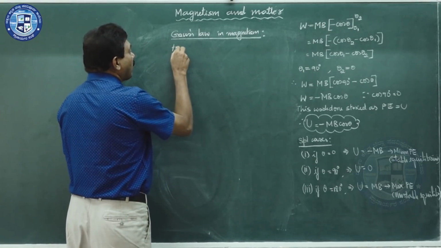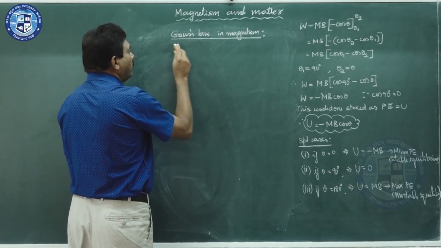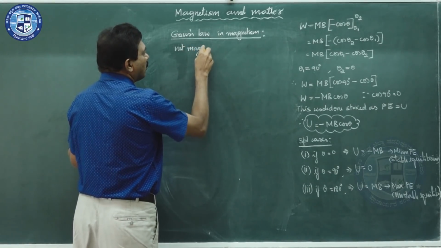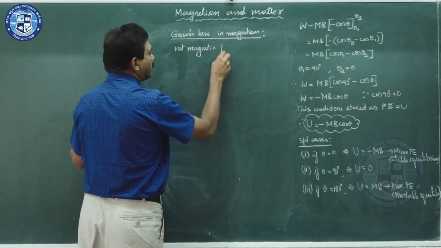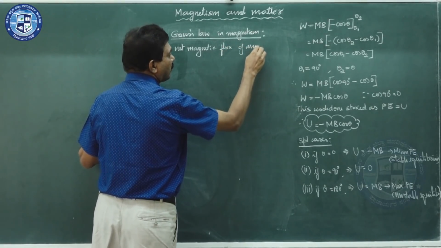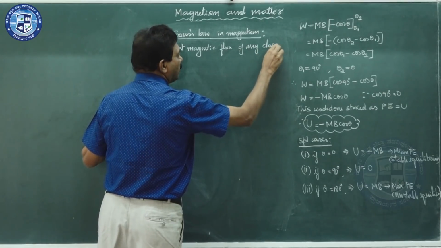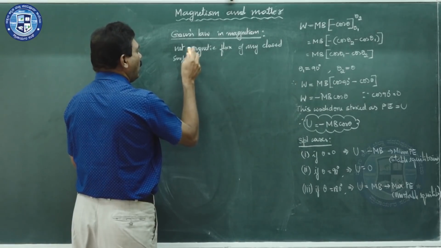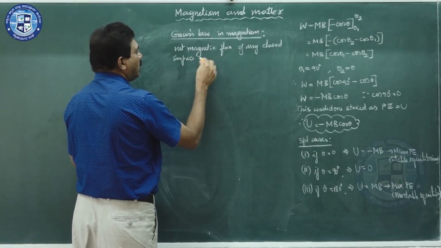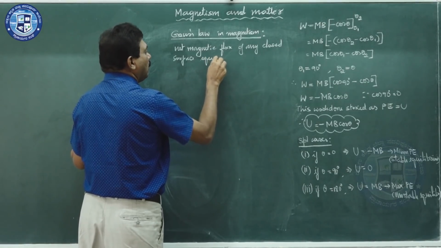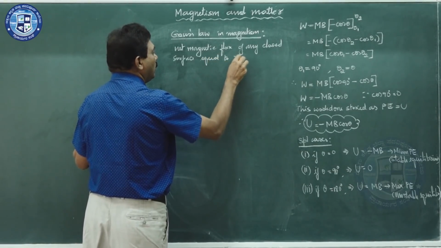Instead of total, you can take net also. Net magnetic flux of any closed surface is equal to 0.